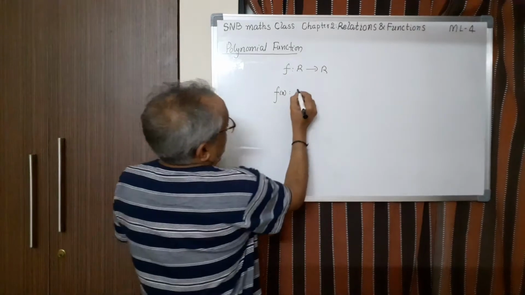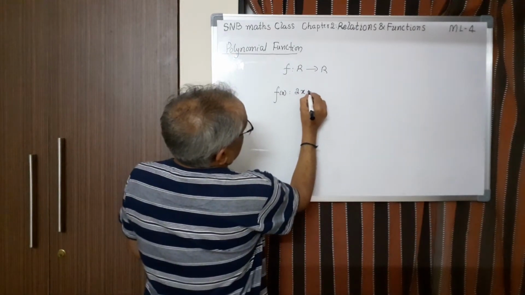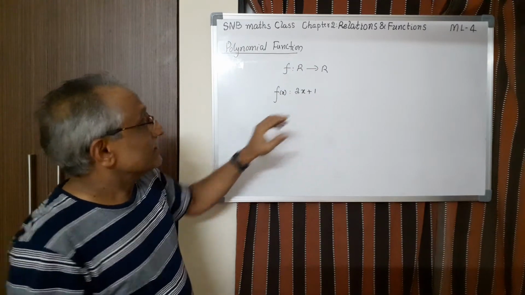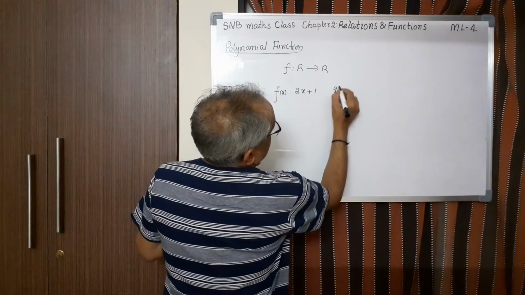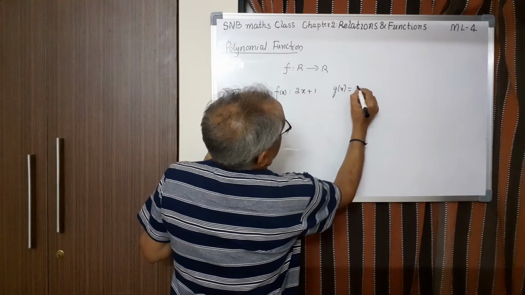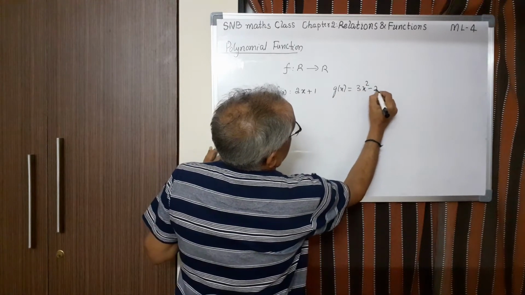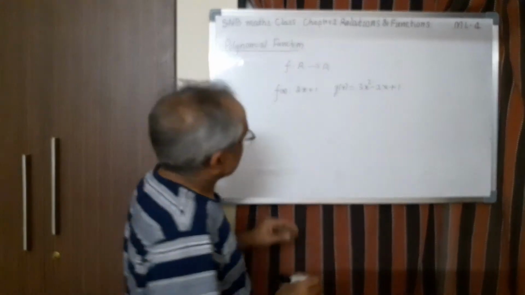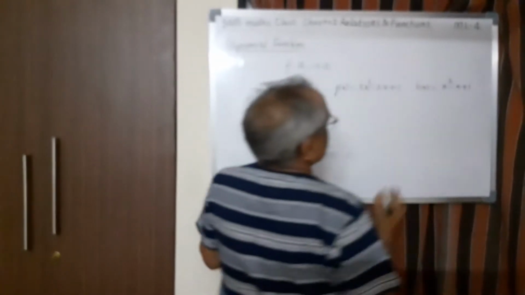f of x equal to, say, 2x plus 1. This is a polynomial. Similarly, suppose I take g of x equal to, say, 3x square minus 2x plus 1. This is a polynomial function. Similarly, I can take h of x equal to, say, x cube minus x plus 1.